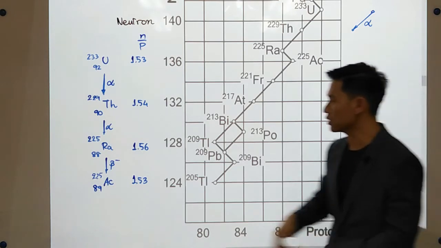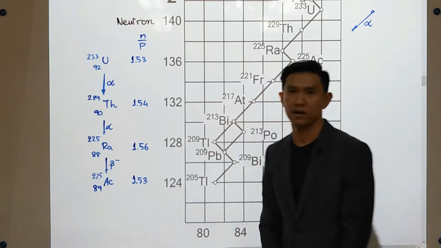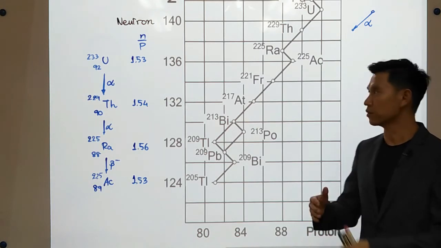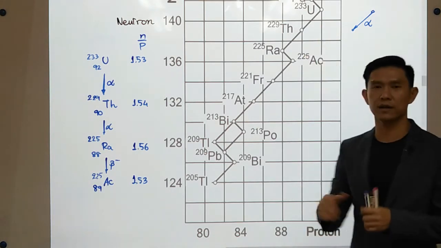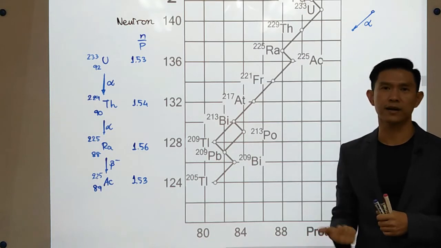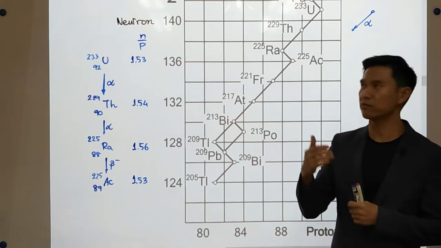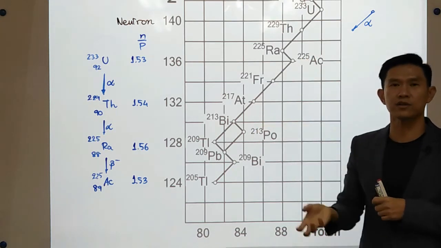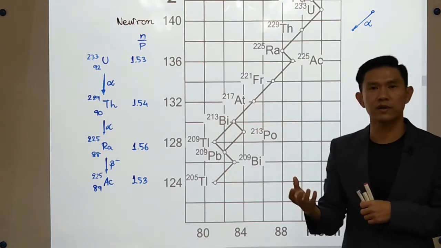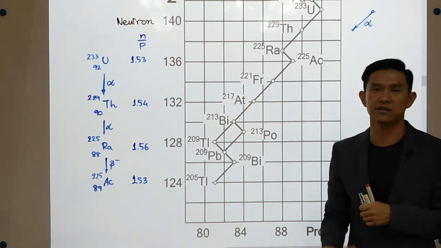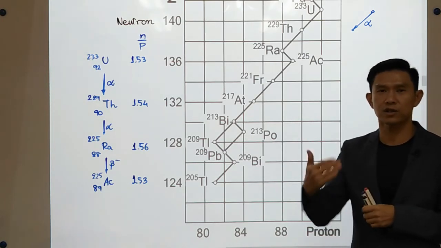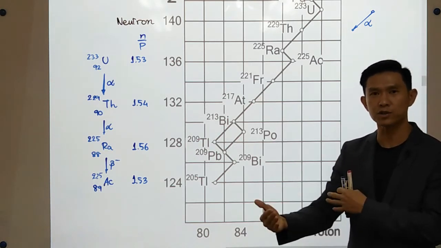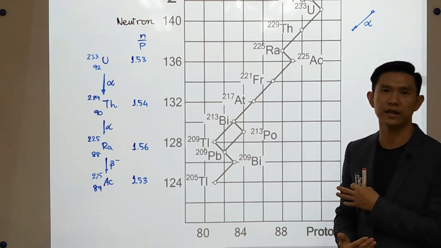So what happens is you have to continue eliminating alpha particles. In each step you have to eliminate either alpha particles or beta particles. You release alpha particles down until N to P is too high. Then if N to P is too high, you release beta particles, and then continue with alpha particles several times, and if N to P is too much, you do beta radiation again.